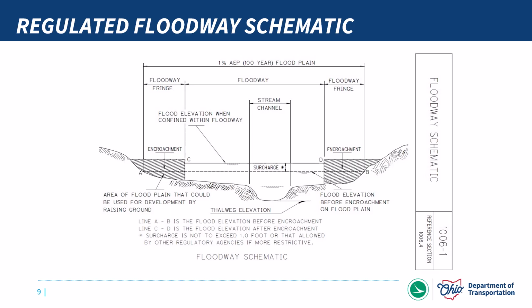So we've defined what the floodway is, so that if you fill in the floodway fringe and you have a section left, you only have a 1-foot surcharge. And this was developed so that the water can be conveyed freely through this area. If we made this any smaller, the surcharge could increase.